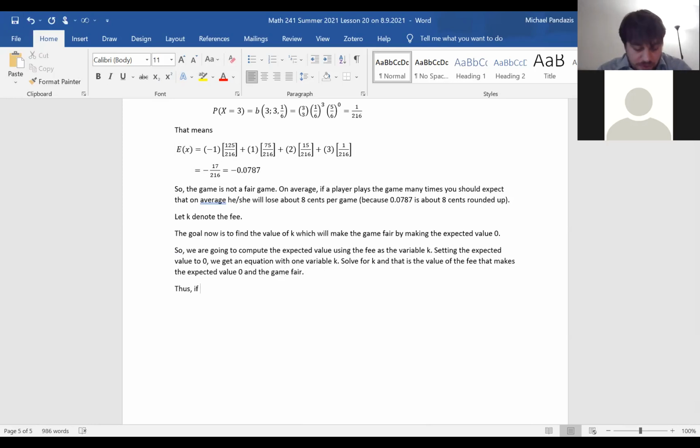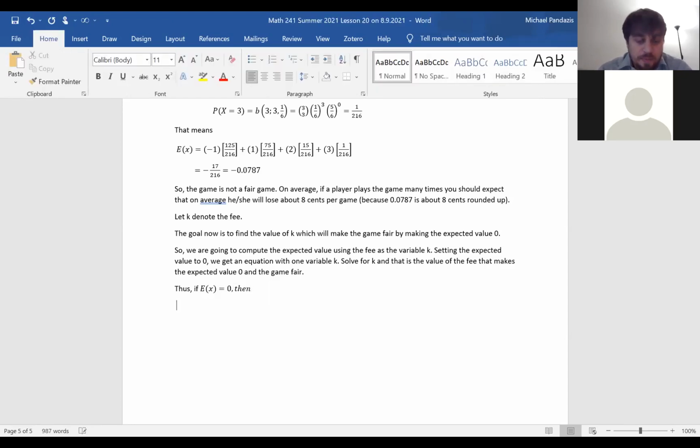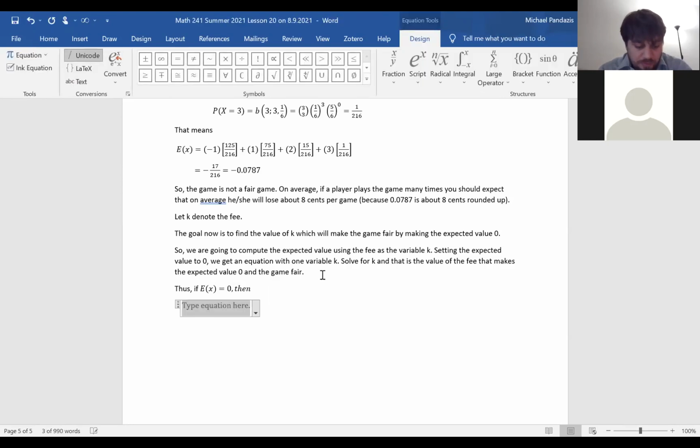Thus, if E of X is 0, then 0 equals E of X. And E of X is equal to, well, it's the sum over all possible values of X, right?